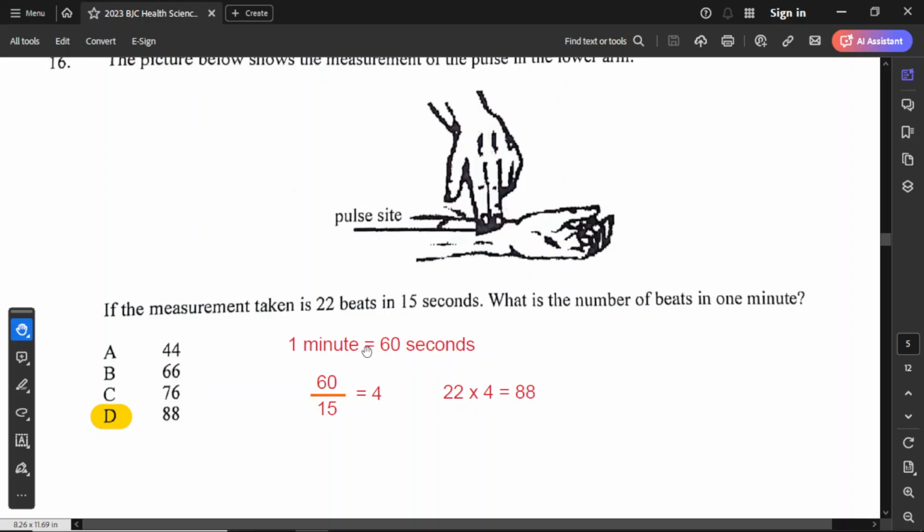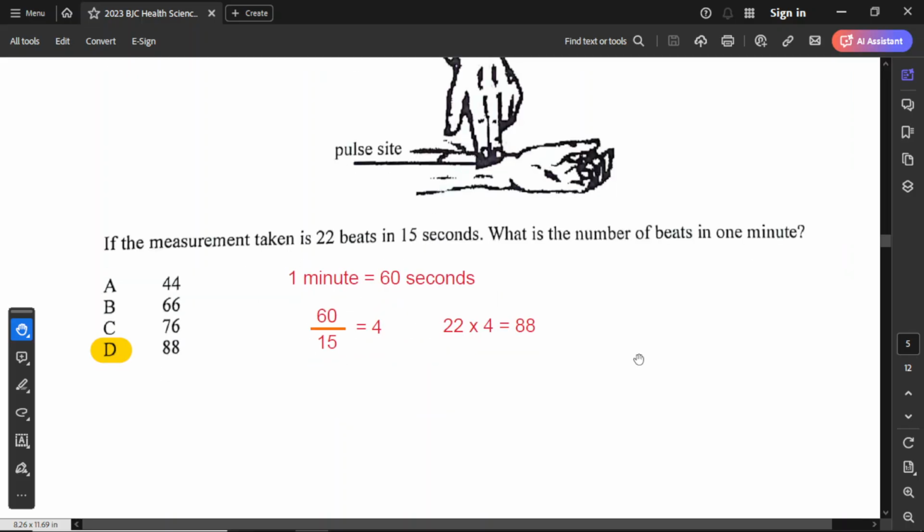One minute equals 60 seconds, so 60 seconds divided by 15 seconds equals 4. That's a ratio of 4 times more. If you multiply this 4 by the 22, you get the number of beats in 1 minute. So 22 multiplied by 4 gives 88. We have 88 beats in 1 minute, while we have 22 beats in 15 seconds.